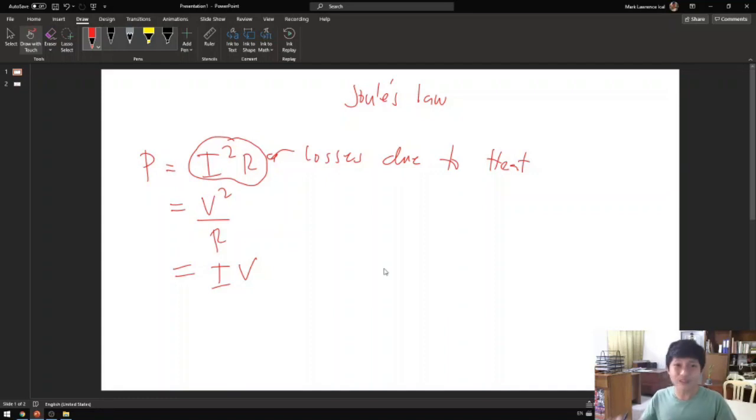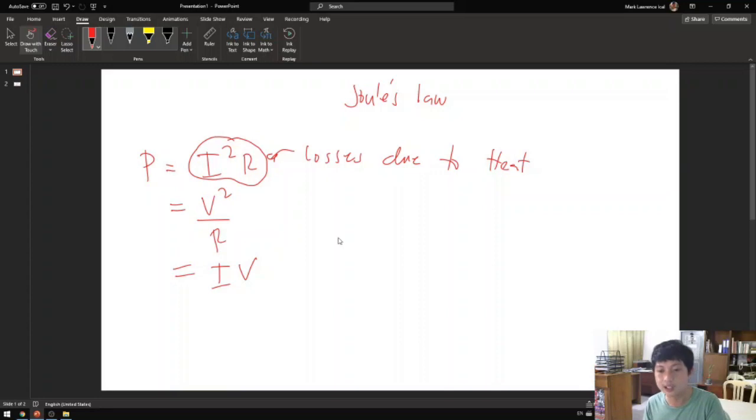If you push or squeeze something, you exert more force and practically make it hot. Friction is one of the reasons why. So more resistance means more losses, and more losses lead to more heat. So this is what I squared R is all about: the power losses due to heat.